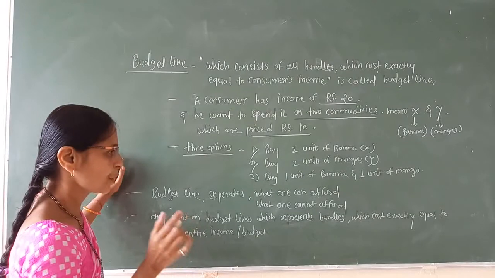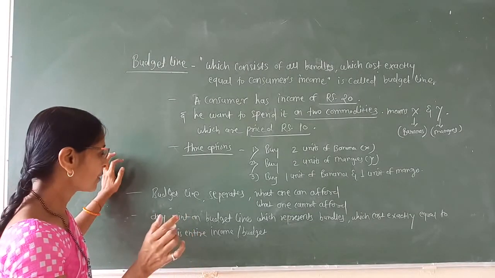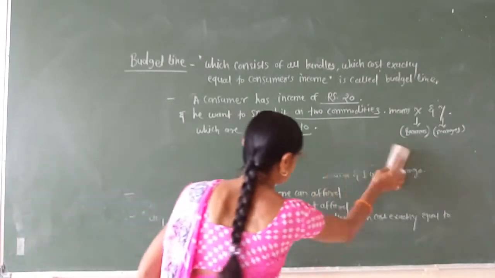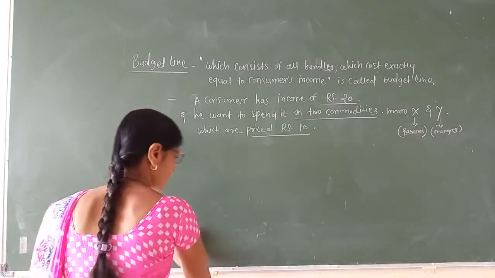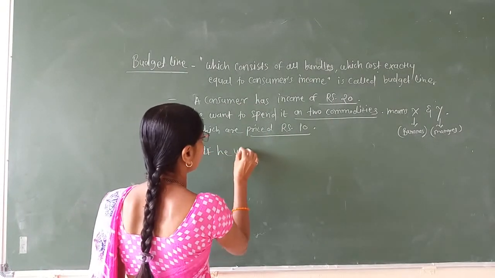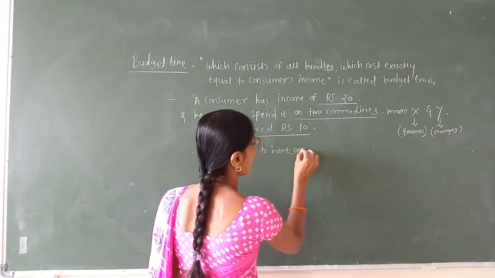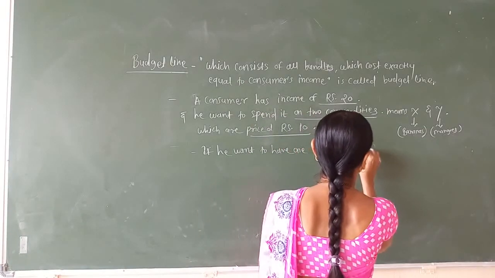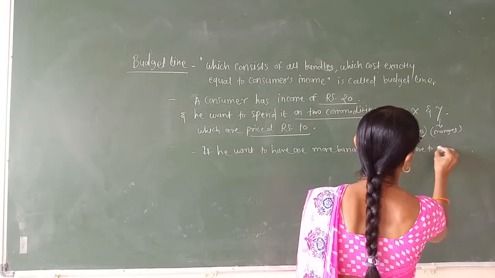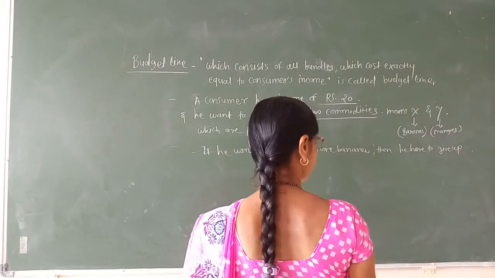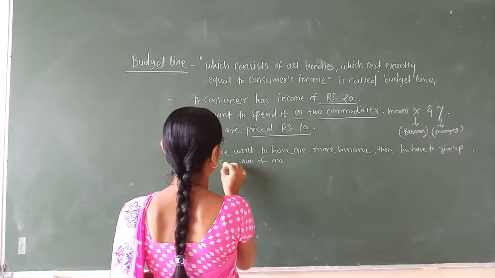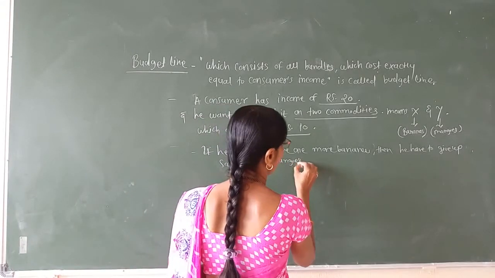Means if he wanted more banana, then, see here on the budget line, he has to give up some units of mangoes.